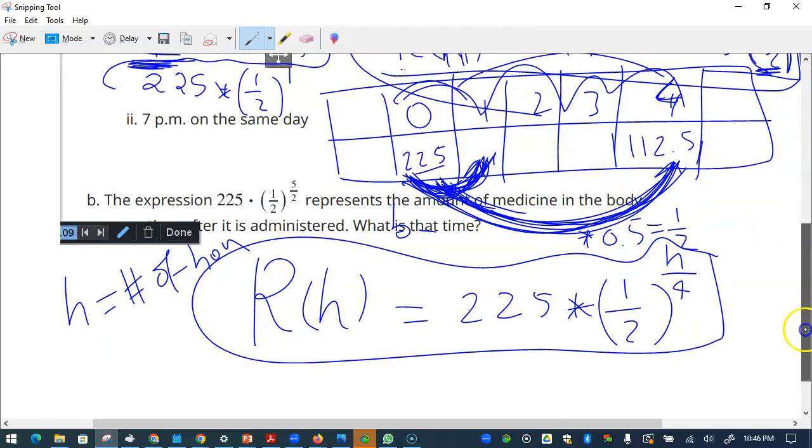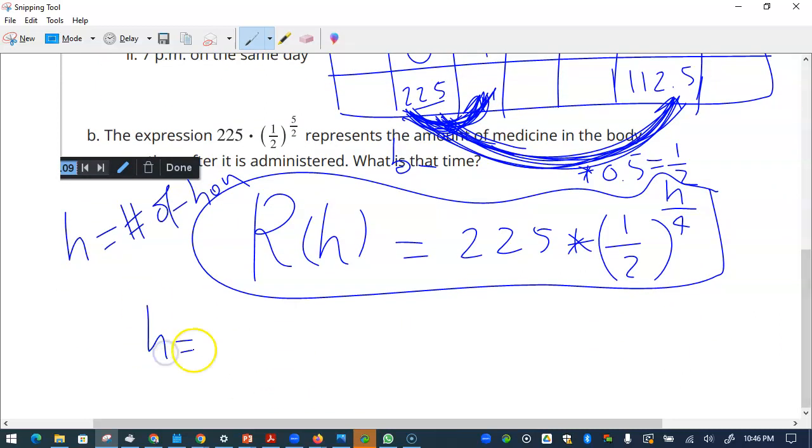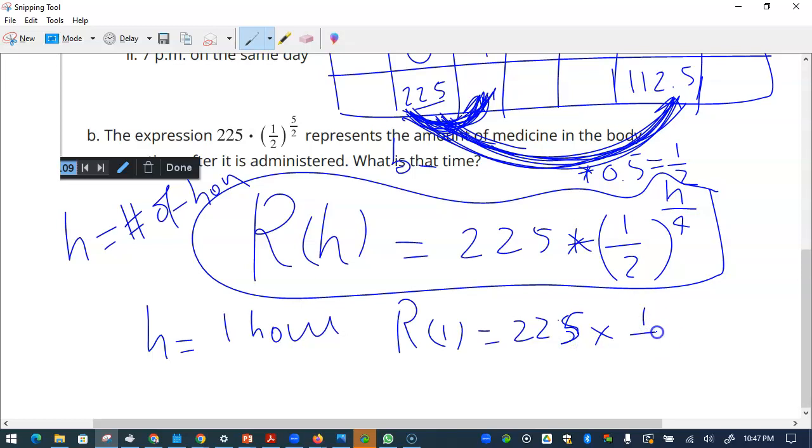So if I want to write only for H is 1 hour, that's the first question. If H is 1 hour, the amount of medicine remaining is 225 times half raised to 1/4, which is 225 multiplied by half raised to 0.25.